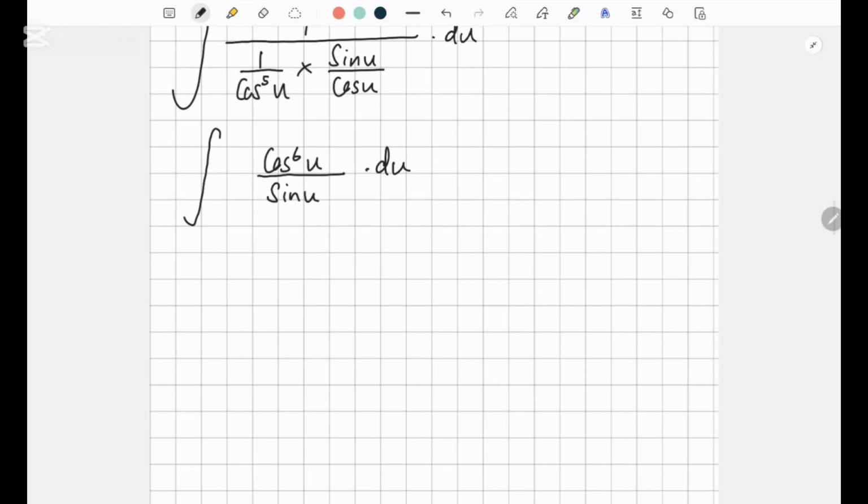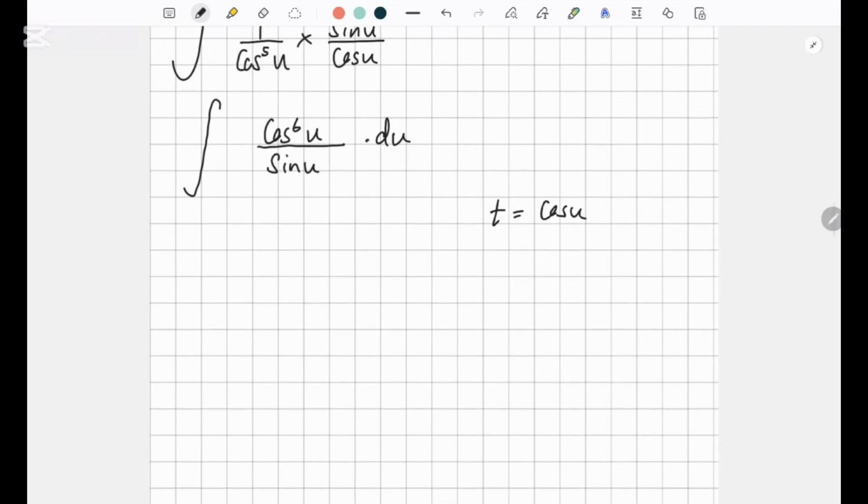Okay, now what you can do is take another substitution of t equals cos u. So dt over du equals minus sin u, right? So you could write dt over sin u equals du with the minus in front.